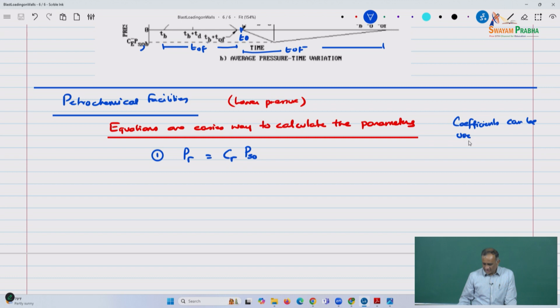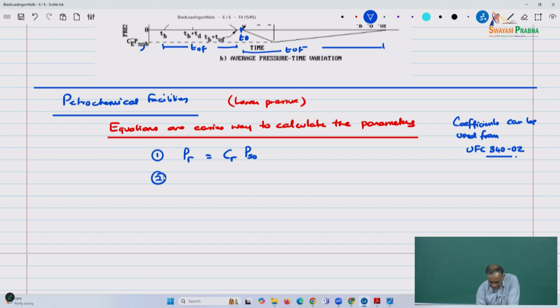Some of these they use from the Army documents because that's more applicable. So coefficients can be used from appropriate coefficients as you see. Again, a lot of it is judgment call, which is the right one you choose. So the CR is from there.